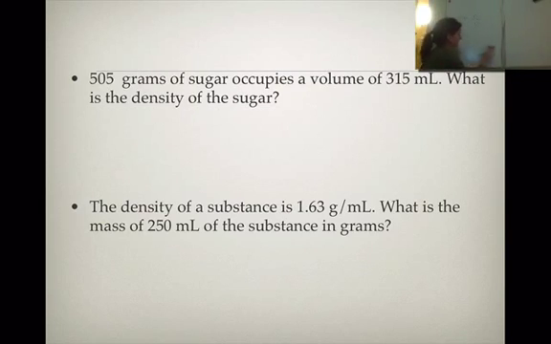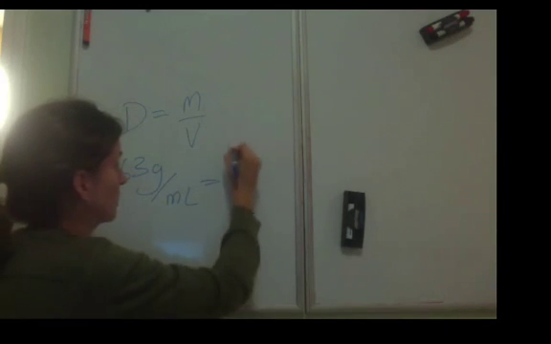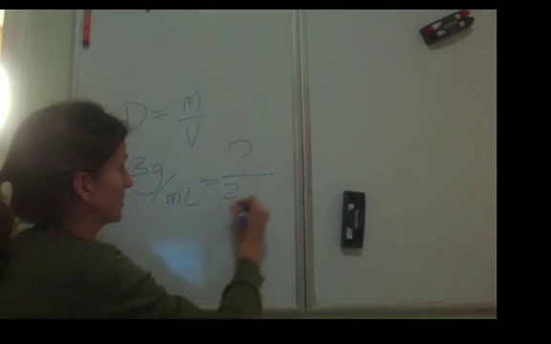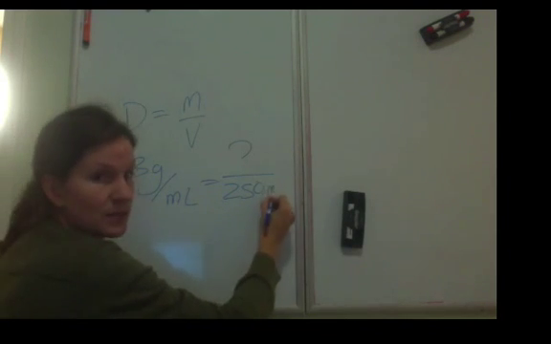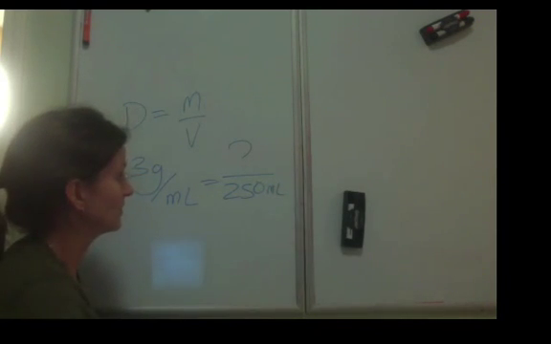For the next one, it's given that you have a density of 1.63 grams per milliliter, and the question is, what is the mass when you have a volume of 250 mL? So what is your mass when you have a 250 milliliter volume?